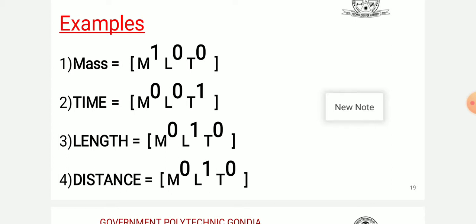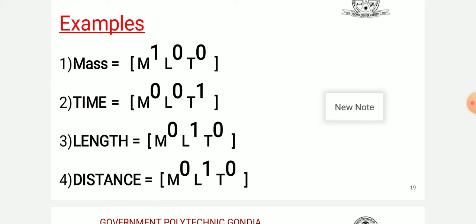Because we have 7 quantities, but we do not need the other quantities now. Whenever we need them, we will add them into the square bracket. We can write all the 7 quantities in the bracket, but as far as motion is concerned, these terms are generally used, that is mass, length and time. Therefore I am writing these terms in square brackets.